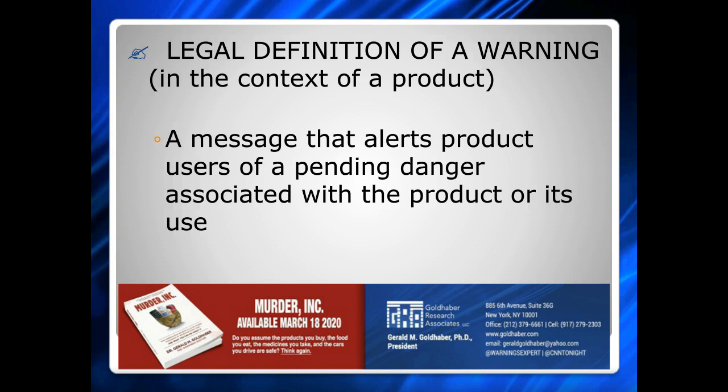And in my book, I talk about the various settings where you would have this danger or these dangers, whether it's at home, at work, at play, traveling, communicating, whether you're residing at home or whether you're healing from a healthcare situation. Virtually every aspect of our lives, we confront product dangers. And that's really what a warning is.